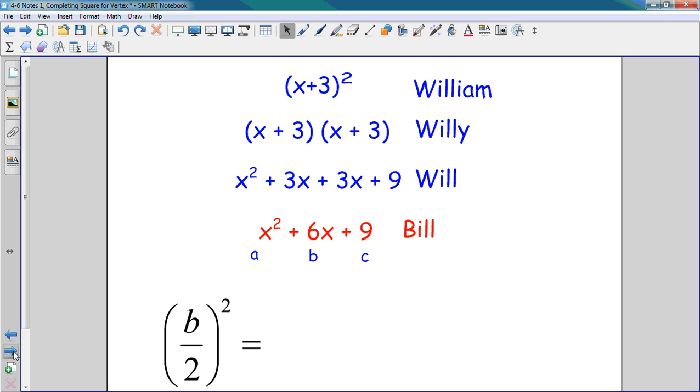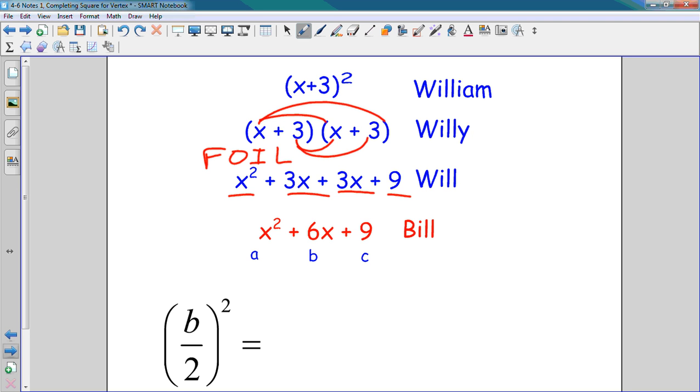How did I get from this form of Will to this form of Will? I FOILed. Yes, you FOILed to get from here to here. I took x times x, x squared, plus 3x, plus 3x, plus 9.